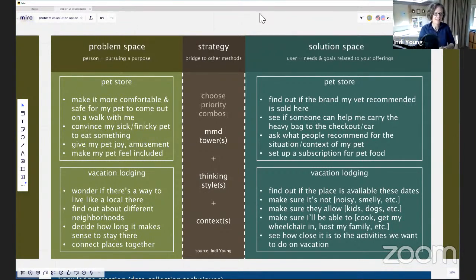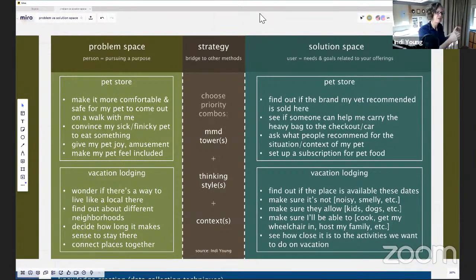Do you sell it here? Or maybe I'm in an actual physical store and I need help carrying something heavy. So that could be a purpose. I might want to ask for recommendations at a pet store. I might want to set up a subscription for some pet food.